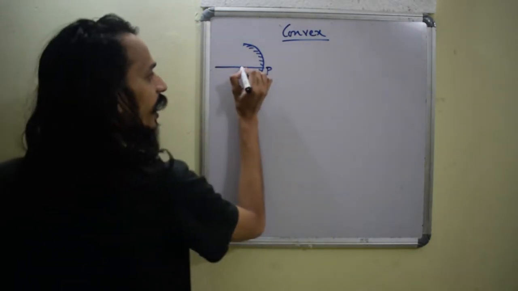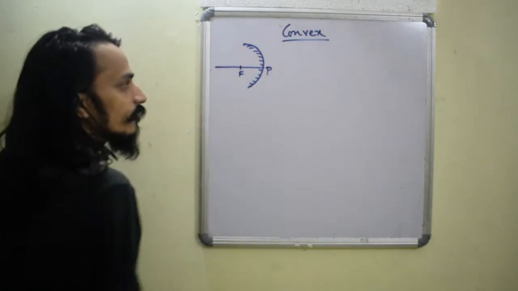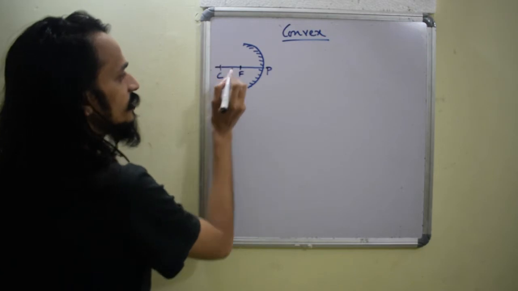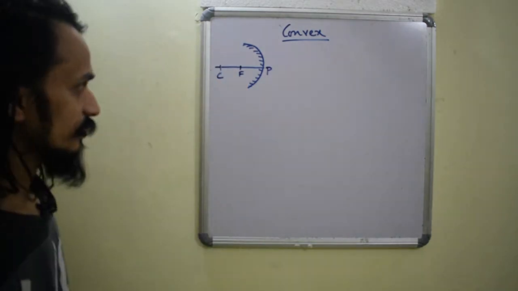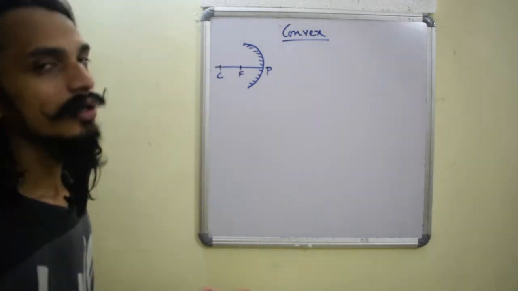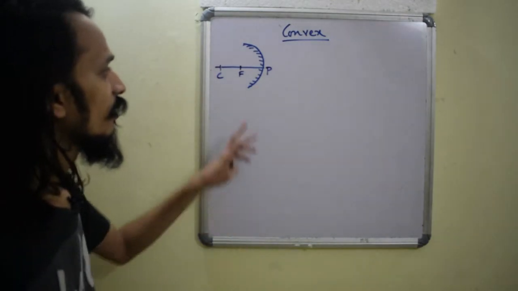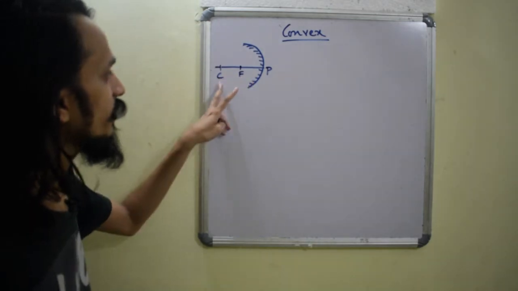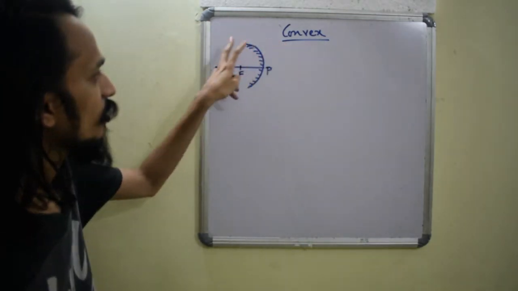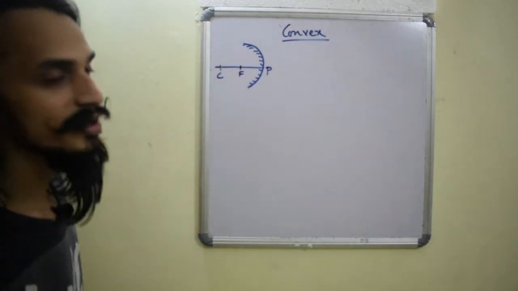Then I have a point named focus, F, and another point named C, the center of curvature. They work the same way as in a concave mirror. Focus is half the distance of the center of curvature, and any normal over here is only going to pass through C.